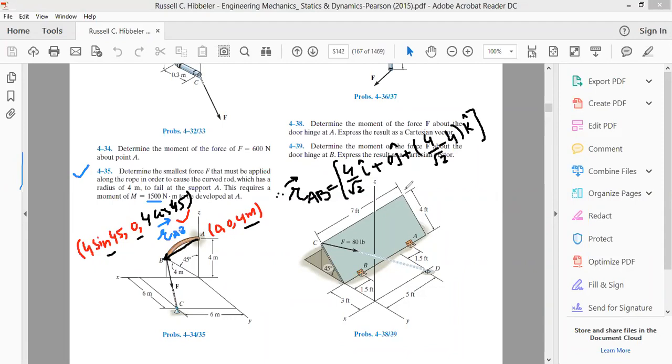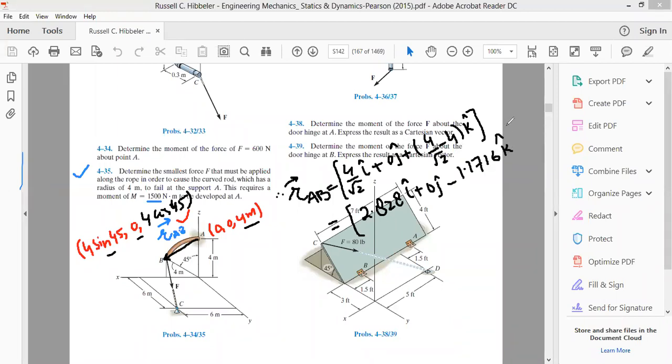So our RAB is 4 sine 45 i cap, 0 along j cap, and 4 cos 45 minus 4 along k cap. 4 by under root 2 is equal to 2.828, so this is 2.828 i cap plus 0 j cap plus 2.828 minus 4, which is minus 1.1716 k cap.